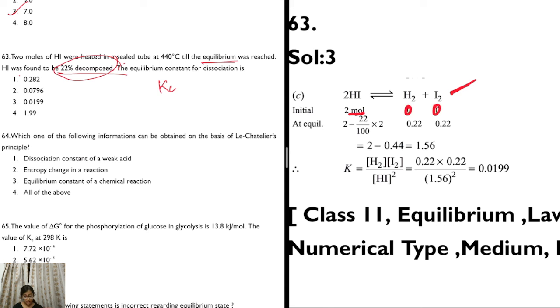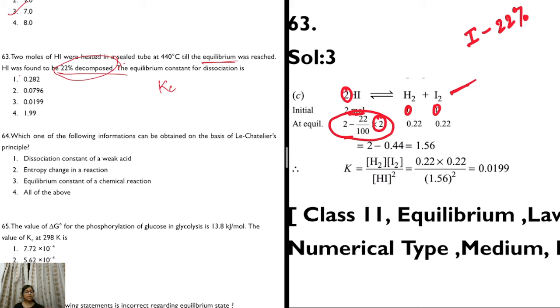Now at equilibrium, 22% is decomposed. Therefore, how much is left? Whatever is initial minus 22%. Why multiply by 2? Because 2 moles are given. So this would be there.